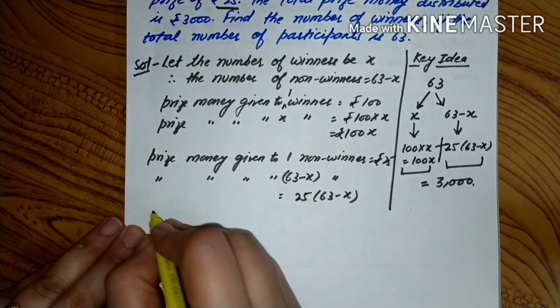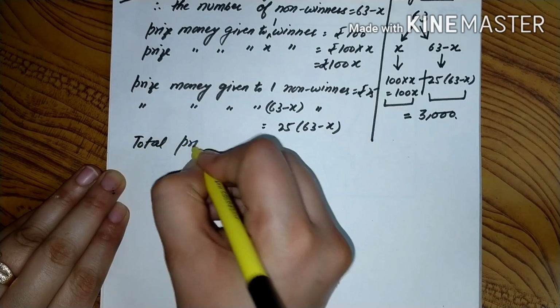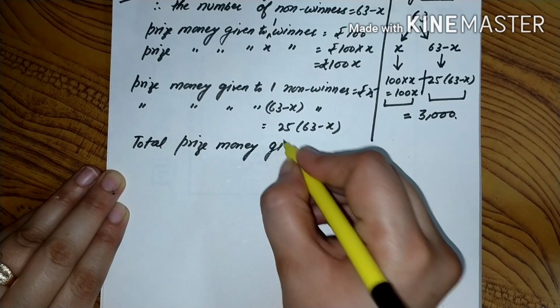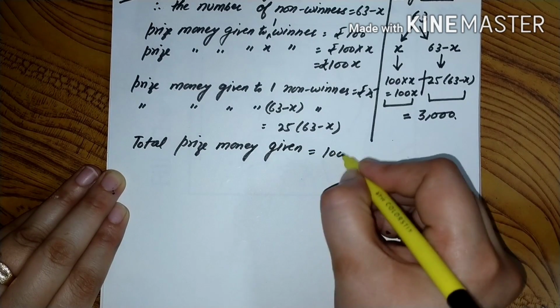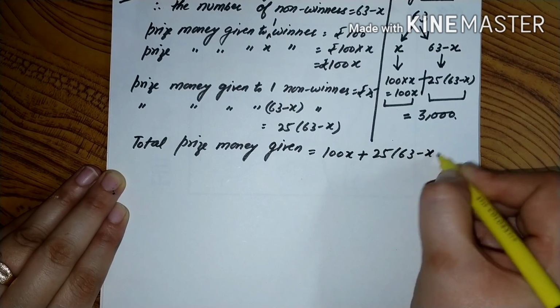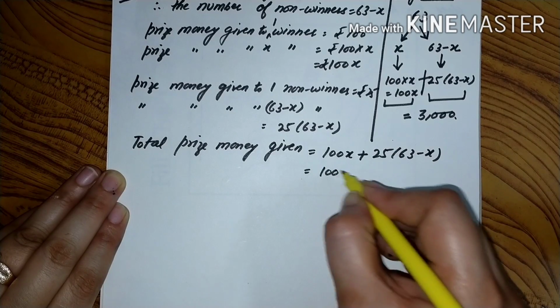So total prize money given would be 100x plus 25 into 63 minus x. So we will solve it.